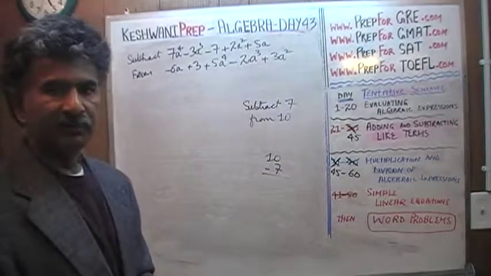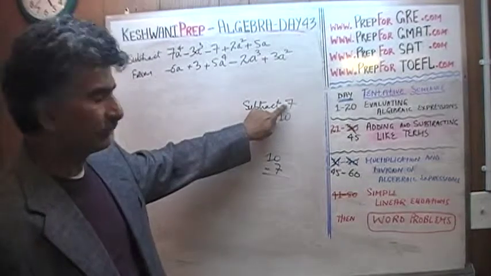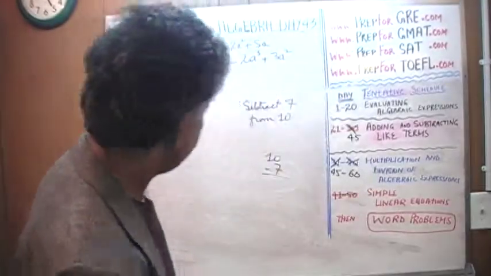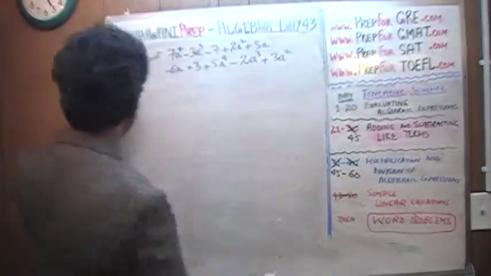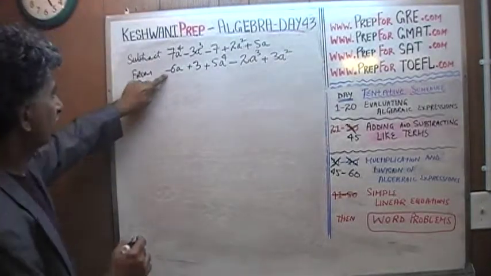The expression that we are subtracting from has to go on the top, and the expression that is being subtracted has to go on the bottom. So that's the first thing we have to do here. This expression from where we are doing the subtracting has to go first.